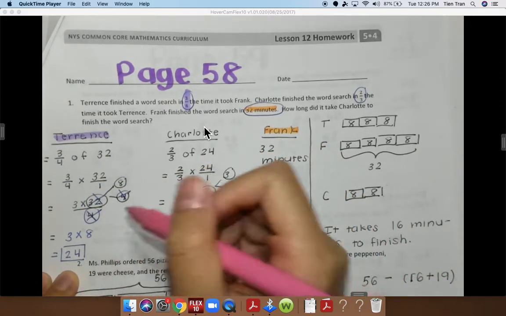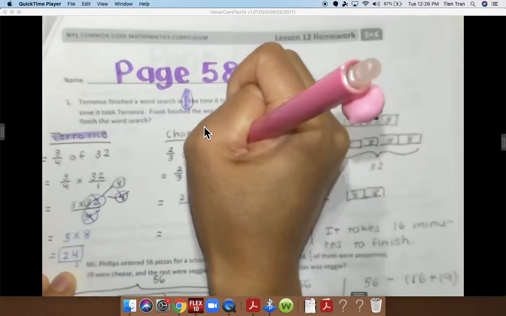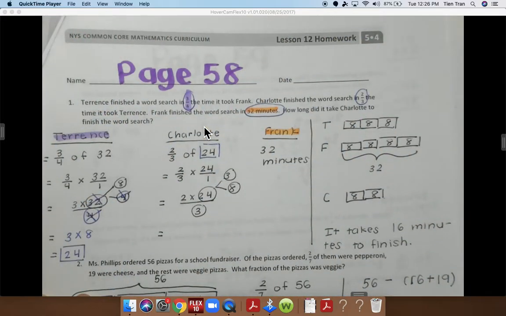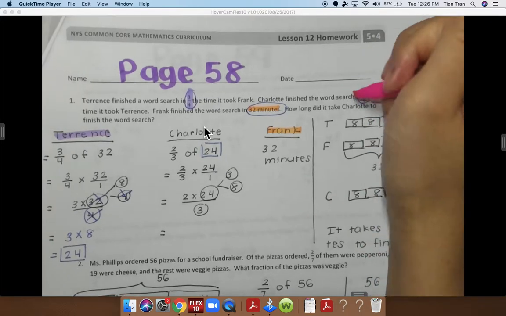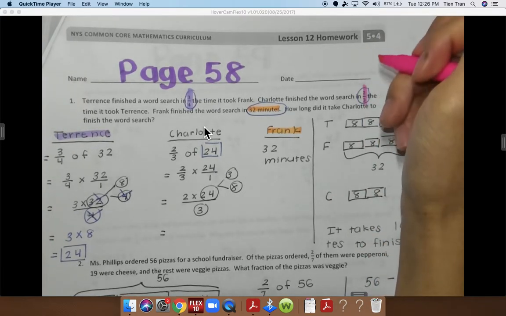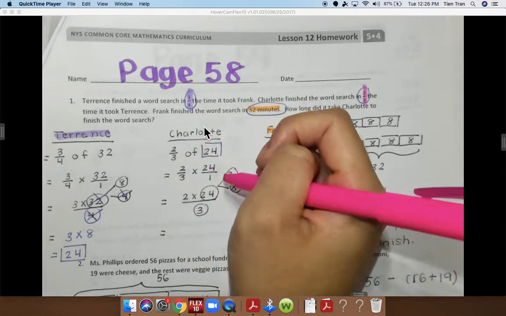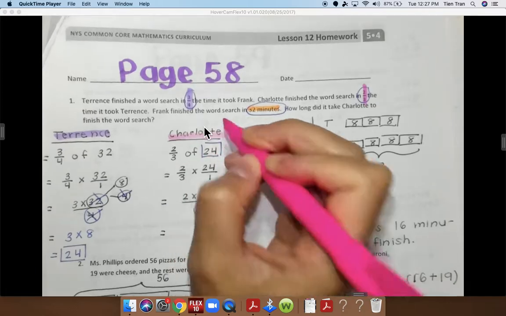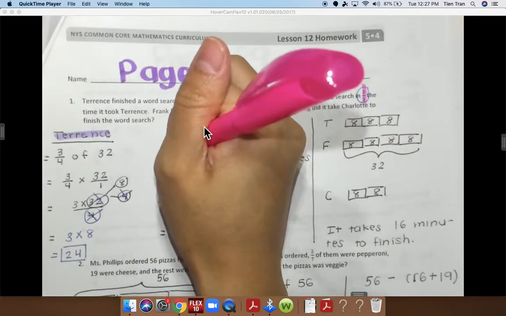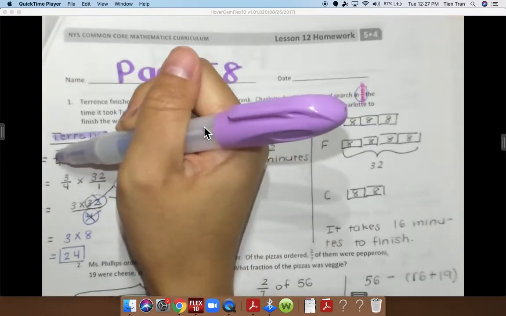So taking this number right here, 24, I'm going to multiply for Charlotte. As you notice for Charlotte, it says here that Charlotte finished the word search in 2/3 of the time it took Terrence. So we have 2/3 of 24. That's where Charlotte comes from. Where that number 2/3 comes from, I'm grabbing that from the problem.